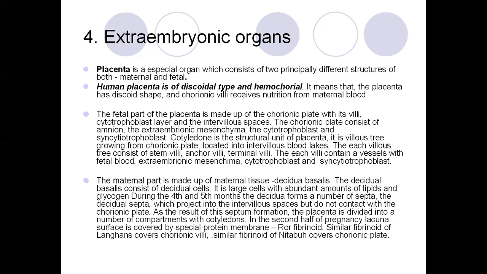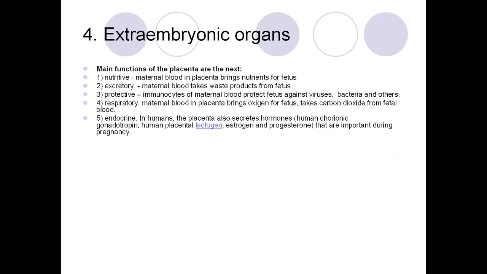As a result of this septum formation, the placenta is divided into a number of compartments with cotyledons. In the second half of pregnancy, the lacunar surface is covered by a special protein membrane, or fibrinoid: the fibrinoid of Langhans covers the chorionic villi, and the fibrinoid of Nitabuch covers the chorionic plate.